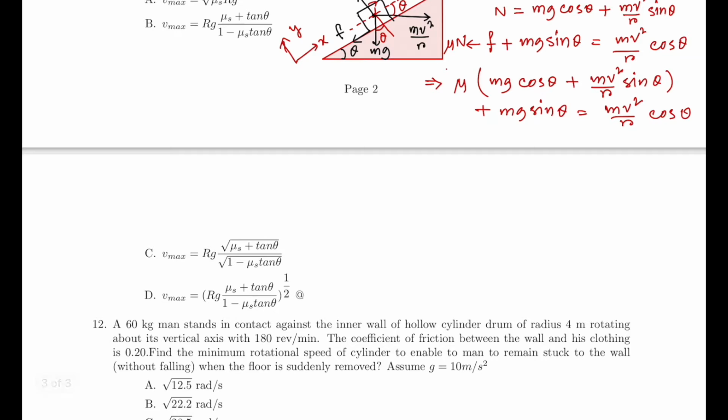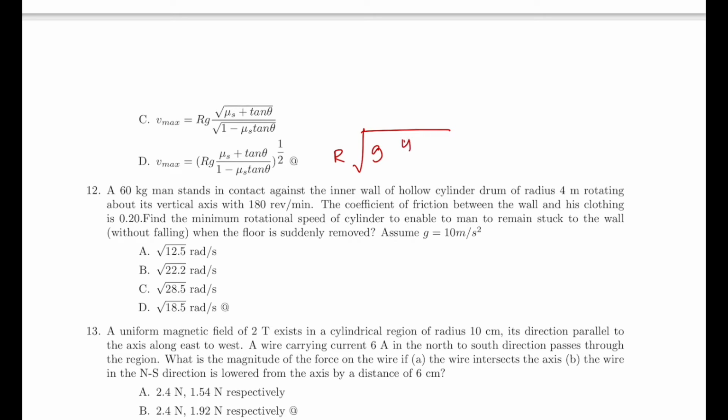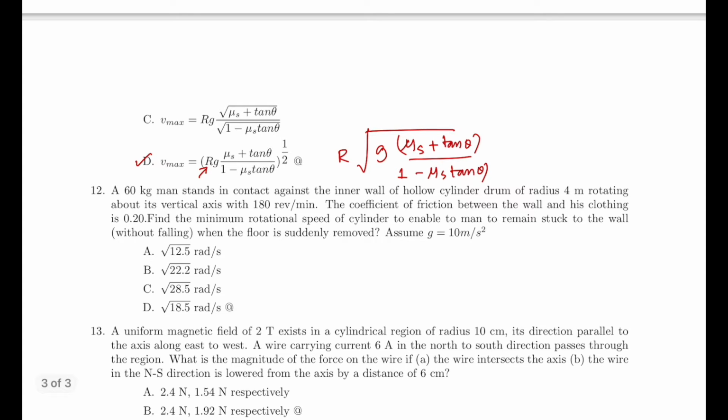So v would be, actually it would be, square root of r g into mu s plus tan theta divided by 1 minus mu s tan theta. So option D is correct, except the fact that r is shown outside the square root, but actually it will come under the square root. Okay.